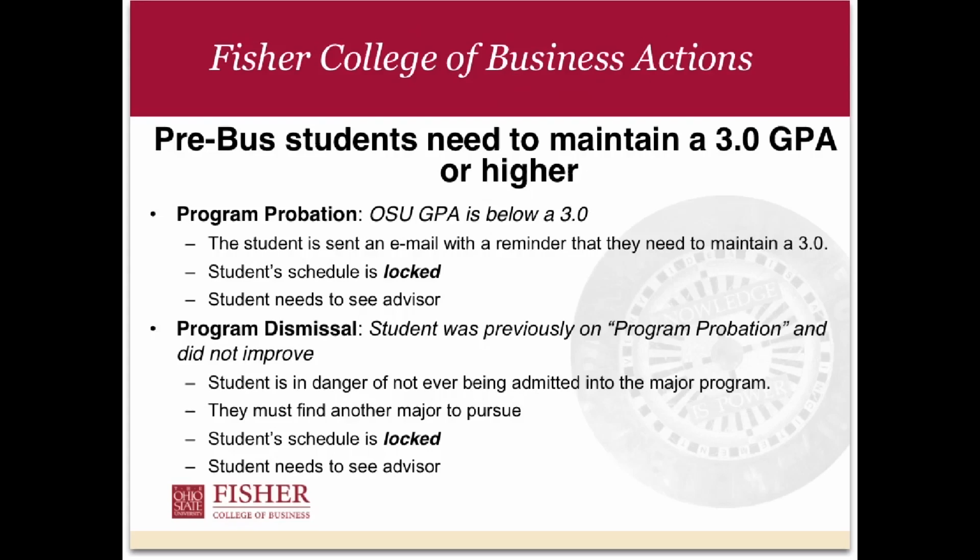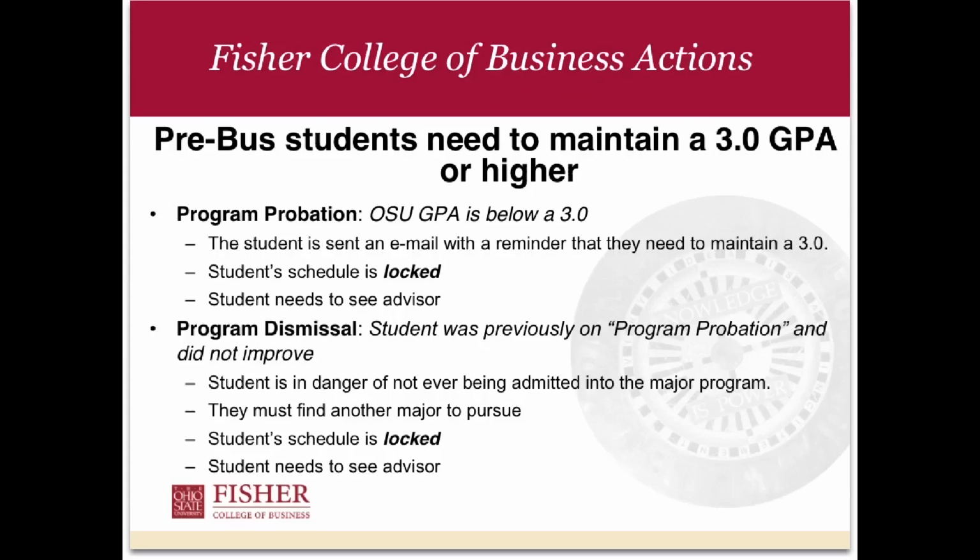The Fisher College of Business is a competitive admissions college, and a 3.0 GPA is needed to apply to be in major. Because of this 3.0 GPA requirement, any pre-business student below a 3.0 will be placed on either program probation or program dismissal. A pre-major student below a 3.0 GPA for the first time is placed on program probation.